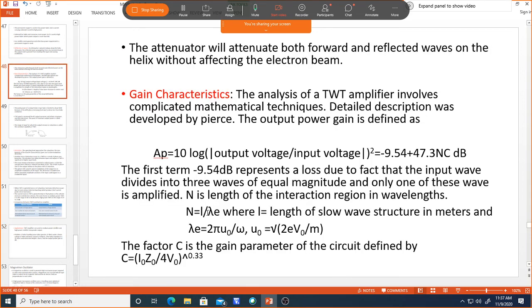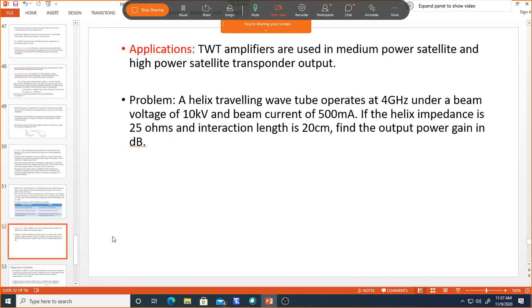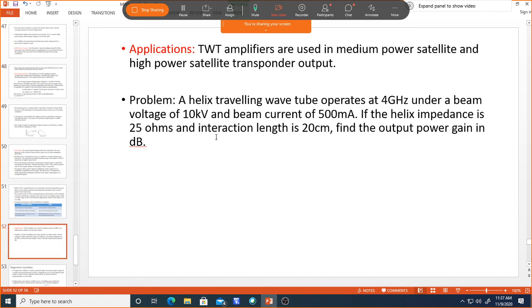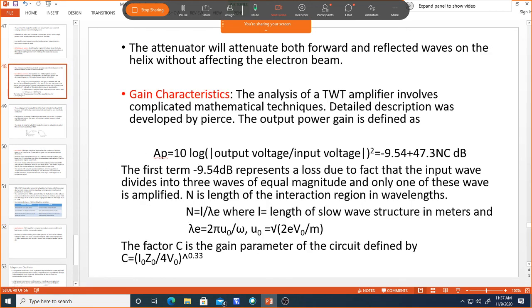First calculate lambda from the frequency of 4 gigahertz. Then with the interaction length of 20 centimeter, you can calculate N.